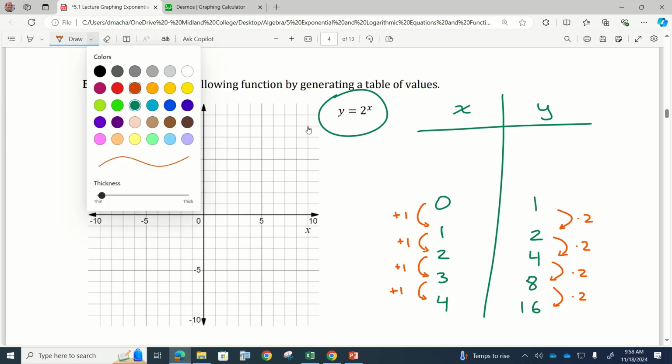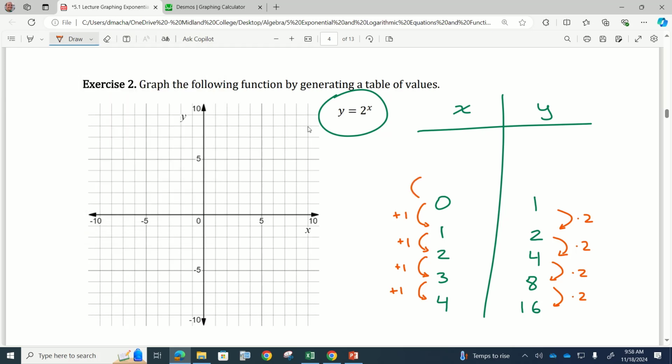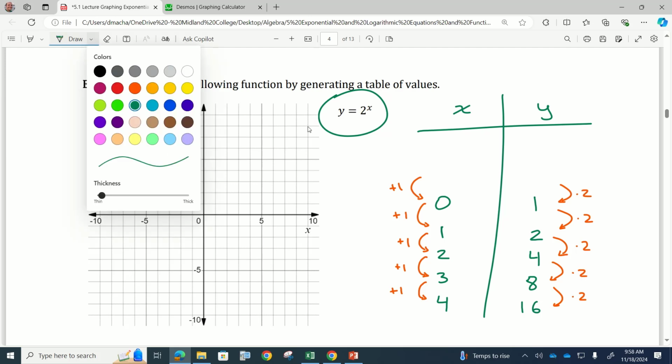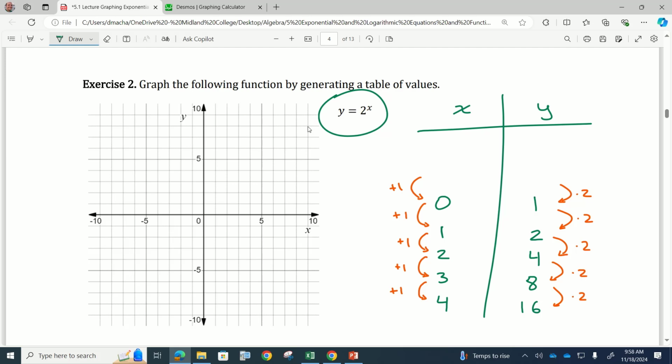And if I want to move another step backwards, then the question becomes, what number plus 1 equals 0? Negative 1. And then what number times 2 gives me 1? Something times 2 equals 1.